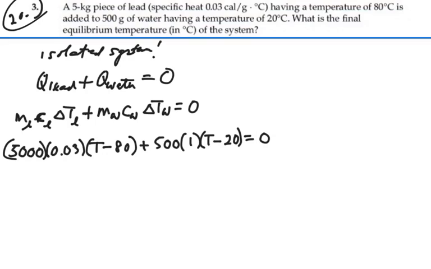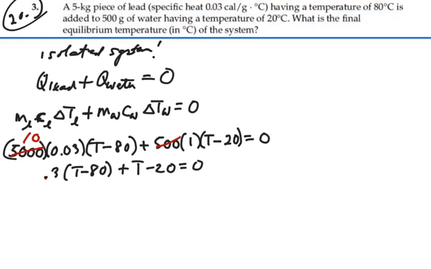If we divide by 500, then we'll be left with 10 over here, and 10 times 0.03 will leave us a 0.3 times T minus 80, plus T minus 20 equals 0.